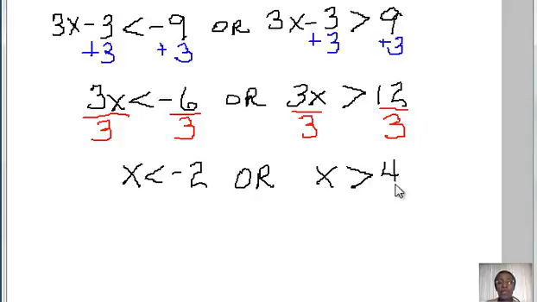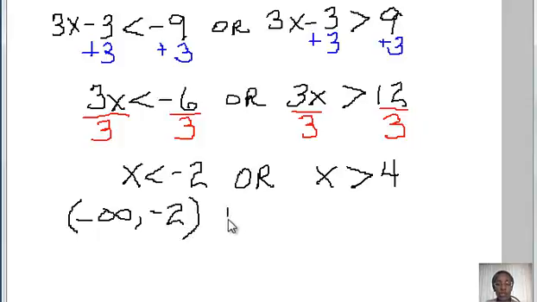So notice this is not saying x equals negative 2, and it's not saying x equals 4. So either x is a number smaller than negative 2, which I can write in interval notation as the interval negative infinity, comma, negative 2, parenthesis, meaning the negative 2 is not included.